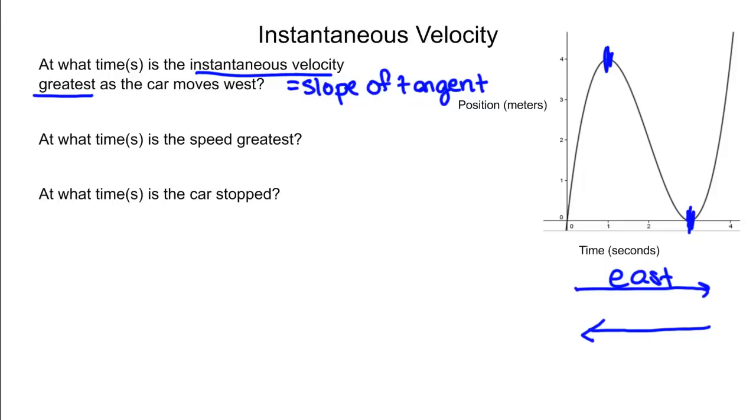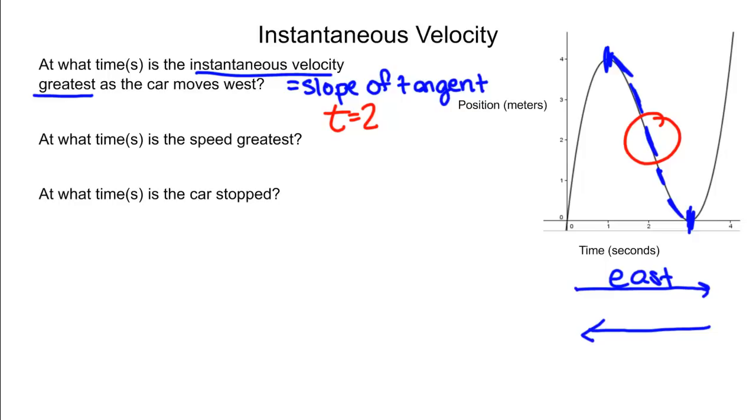If we were drawing lines, we'd have a line here, here, here, and here. So it looks like right around here, maybe around time equals 2, we would have the greatest instantaneous velocity as the car moves west. All right, next question.